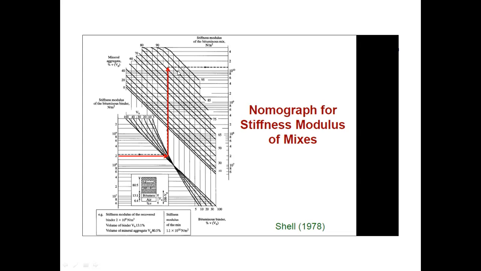Once you have got this, you go perpendicular to get the value for the bituminous mix. So we always draw a perpendicular to know the volume of bitumen that we determined from the previous slide. Once you do that, we go perpendicular to arrive at VG that we also calculated earlier, and then we go for the stiffness modulus of the mixture. This is 1 to 10.